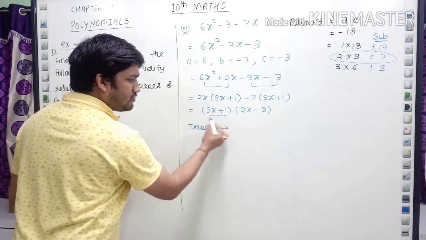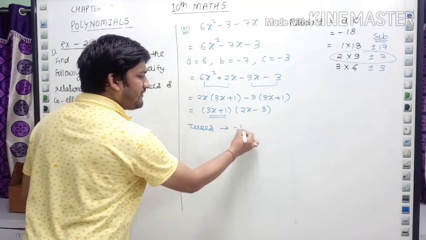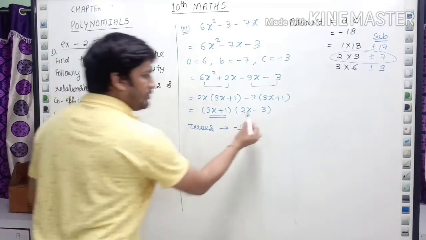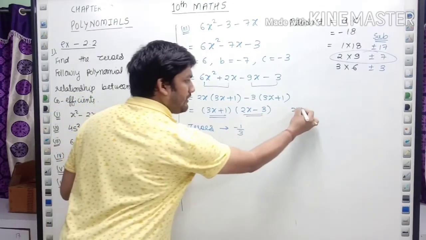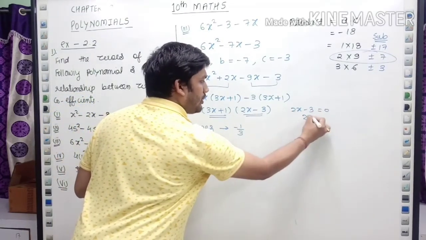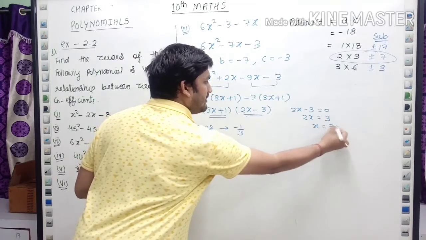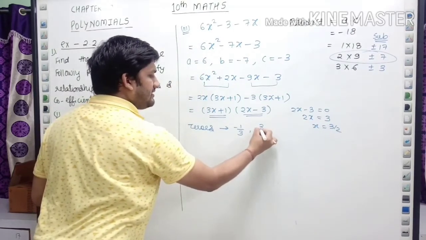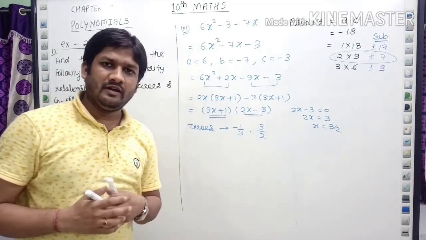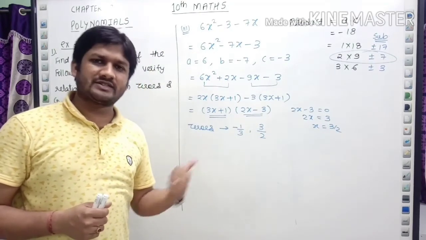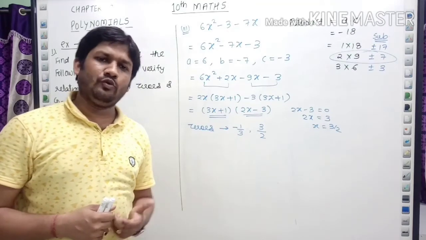If you equate it to 0, you will get the value of x as minus 1 by 3. Equating the other factor to 0, you get 3 by 2. So these are the two zeros. Relationship, as I have discussed in the last question, you can do by that.